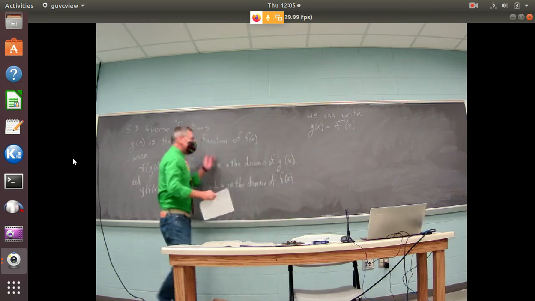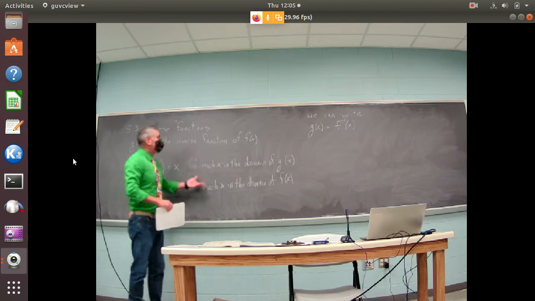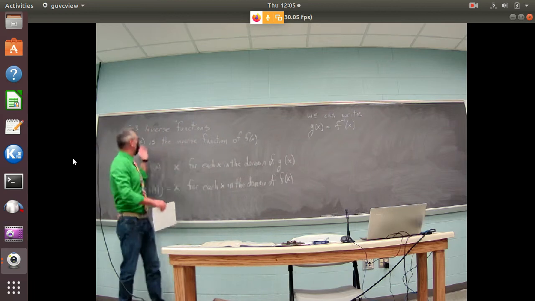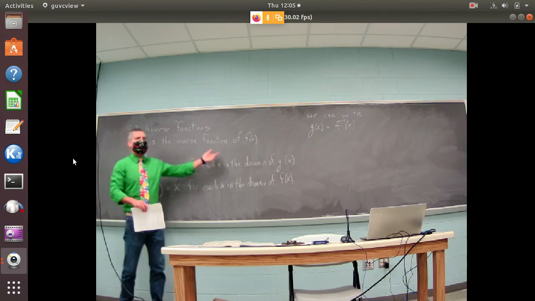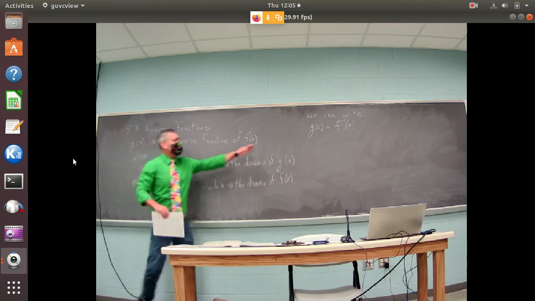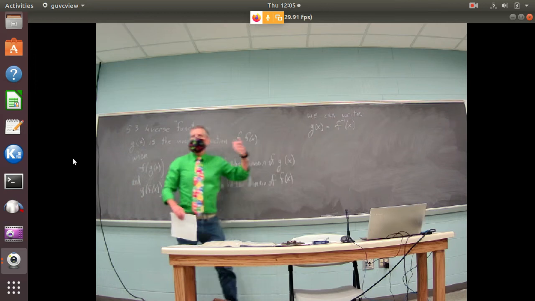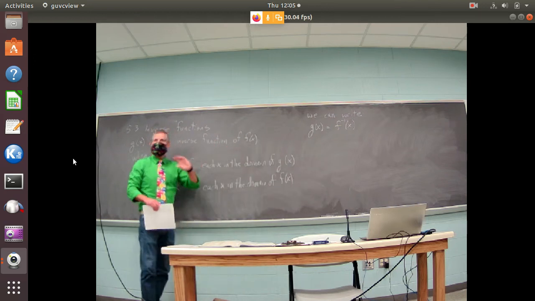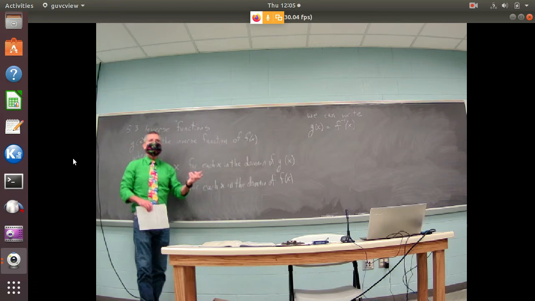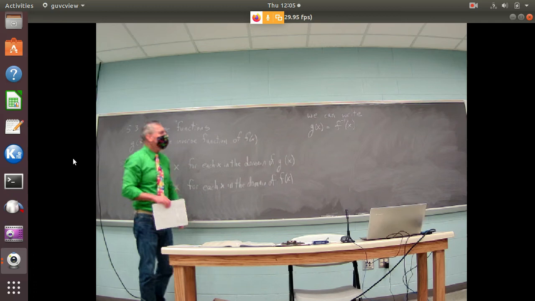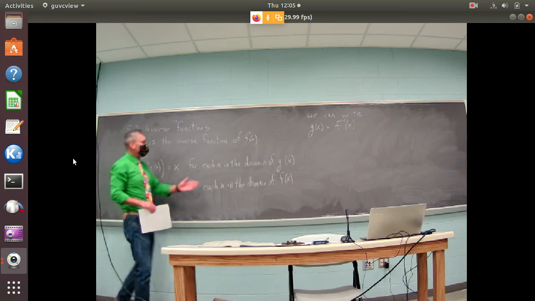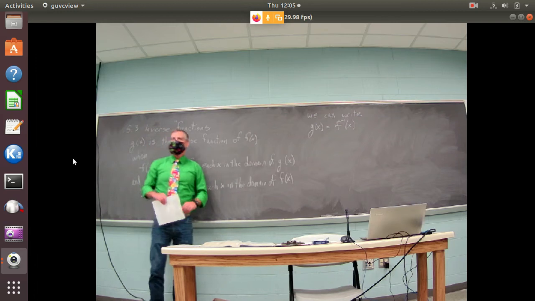Now, it's kind of funny in this definition because it's saying g is the inverse of f. But if g is the inverse function of f, then f is the inverse function of g. And so you could just switch those things around because both those compositions have to be true for those domains.